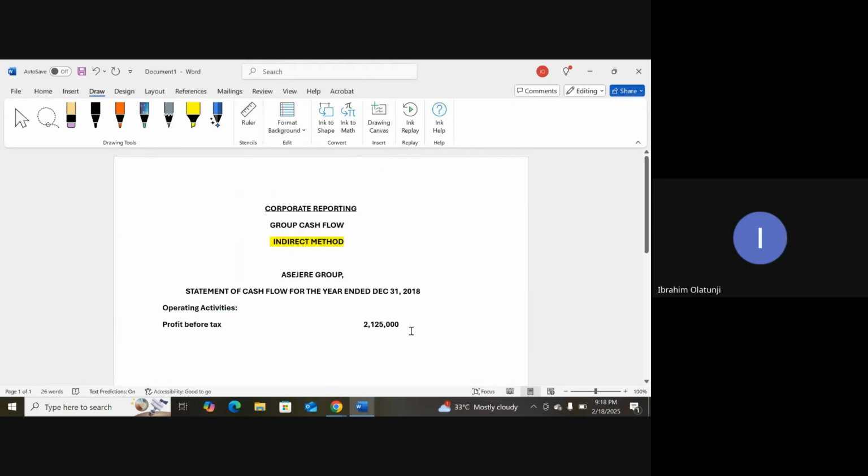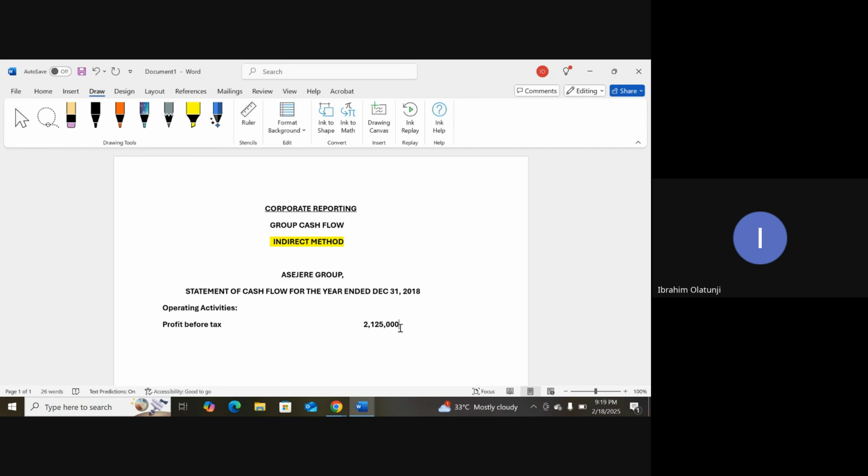So after that, another thing that you are going to do under this indirect approach is that you have to add back the item that is not involved in the movement of cash. Such items that you are adding back are those items in your P or L, that is, in your statement of profit or loss, those items that you deducted before you arrived at your profit, like the expenses.